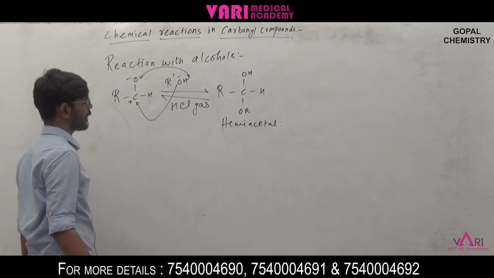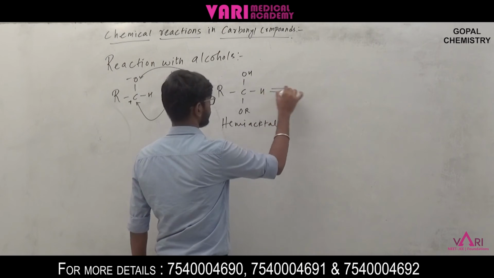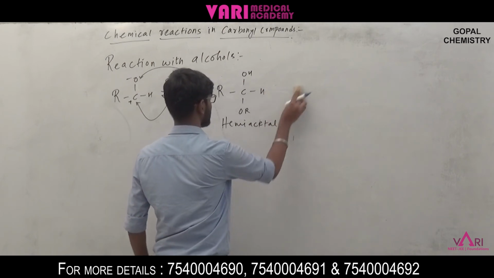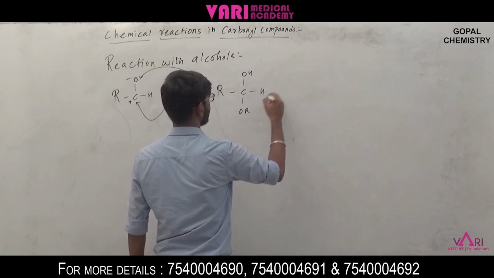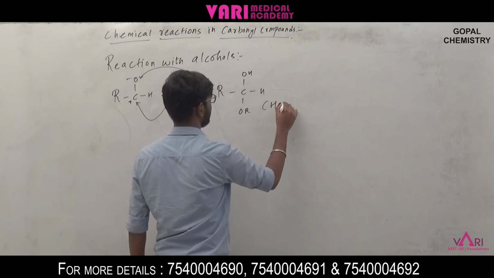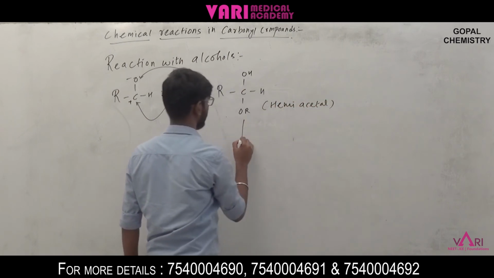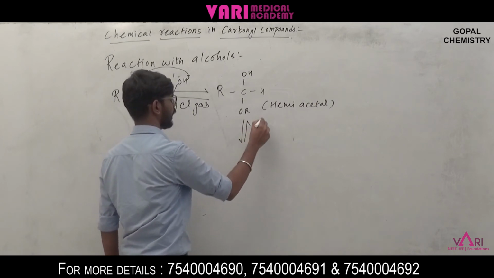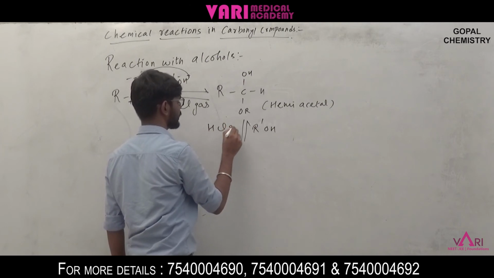Next one, we can treat this one with 1 mole again of alcohol. So here I can write hemiacetal. Okay, then we are treating with 1 more alcohol, R dash OH and the same HCl gas.